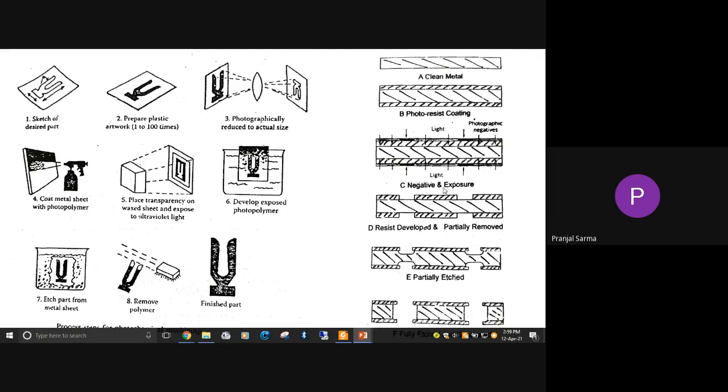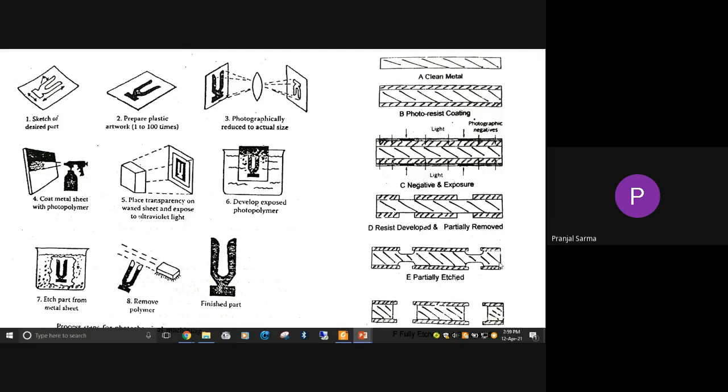In that case, as we have placed the negative before the UV irradiation, what happens is that the portions through which the UV light passes are where the resist gets developed, meaning the resist gets stronger at those locations.